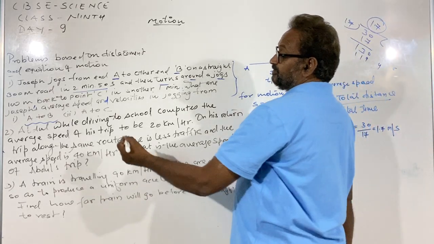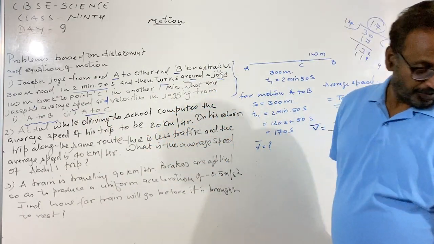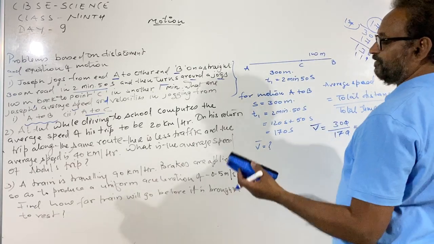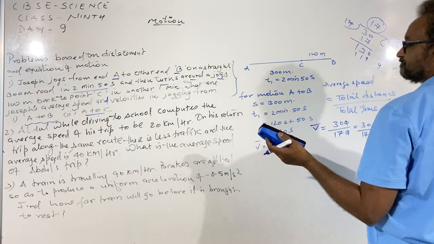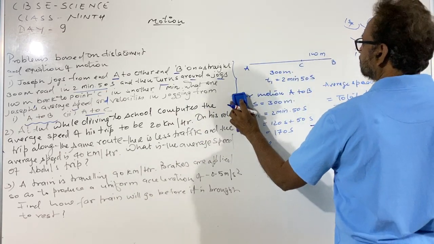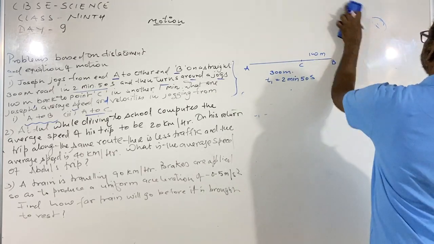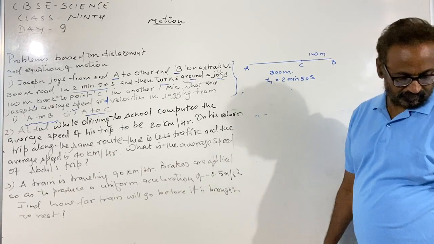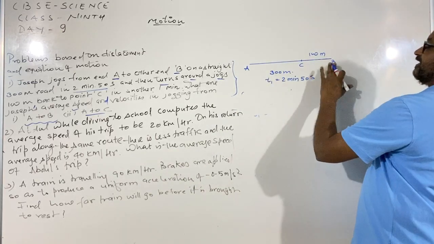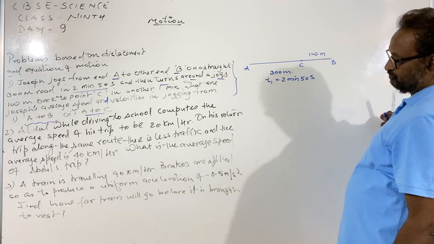Now second part, A to C. We have to calculate average speed and average velocity for A to C. For calculating average speed, we should know the total distance.